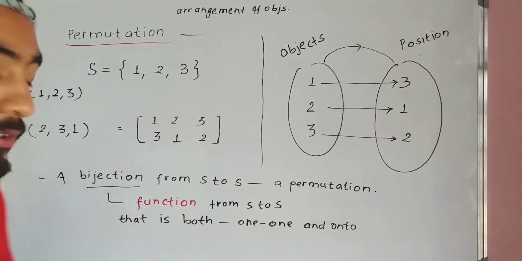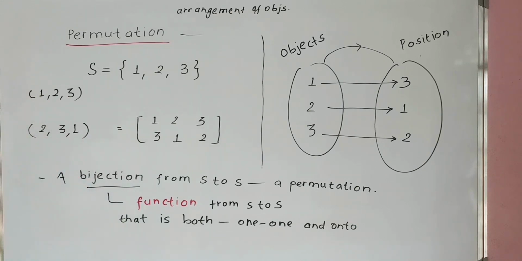Now consider the permutation 2, 3, 1. In this permutation, first object goes to third position, second object goes to first position and the third object goes to second position. So in a permutation, in an arrangement, there seems to be a relationship between the objects and its positions.